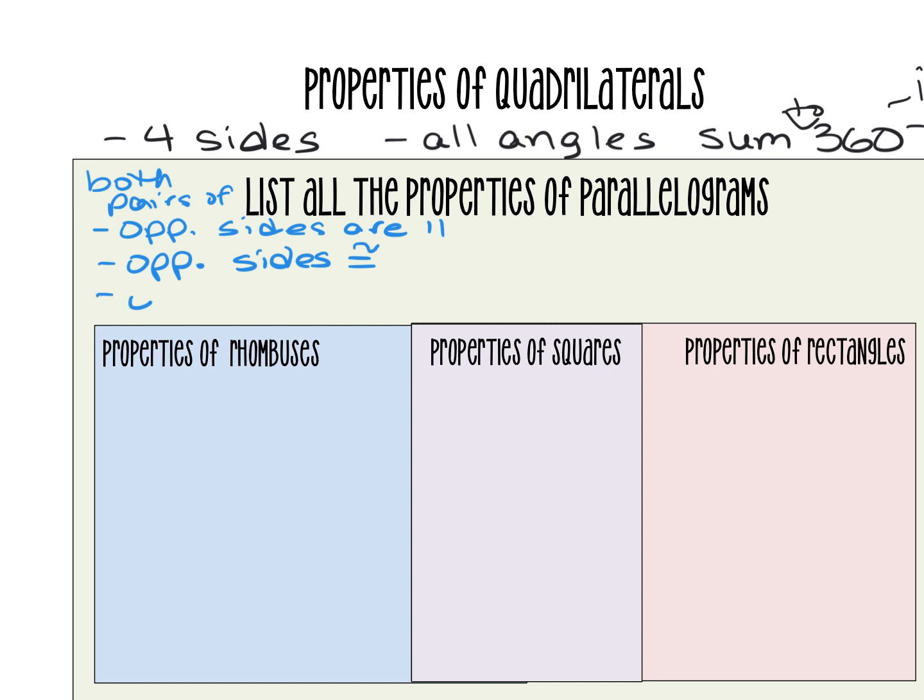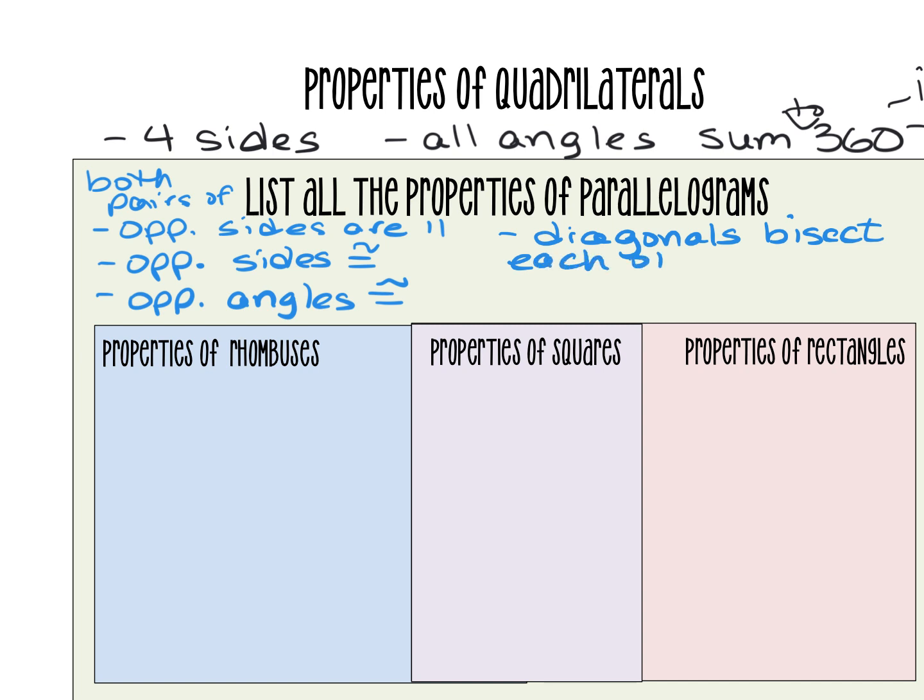Then we also learned that opposite angles are congruent. We also learned that the diagonals bisect each other. And then the last thing we learned was that consecutive angles are supplementary.